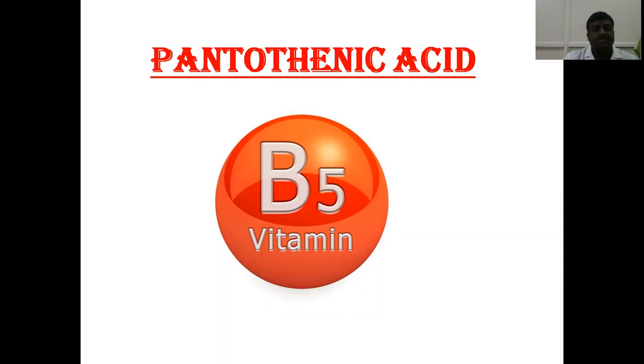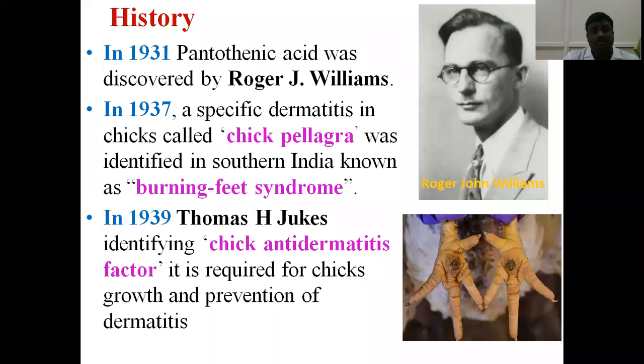The next vitamin is pantothenic acid. It is also a water soluble vitamin, vitamin B5. Pyridoxine, vitamin B6, is the rat anti-dermatitis factor. But vitamin B5, pantothenic acid, is the chick anti-dermatitis factor.